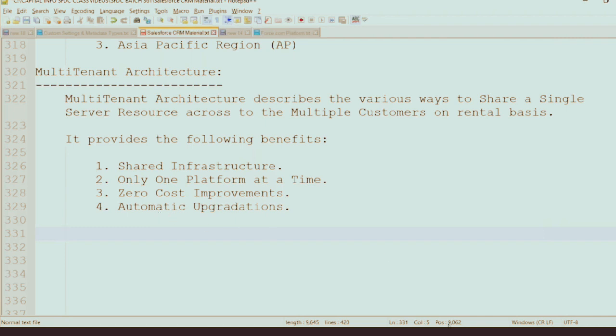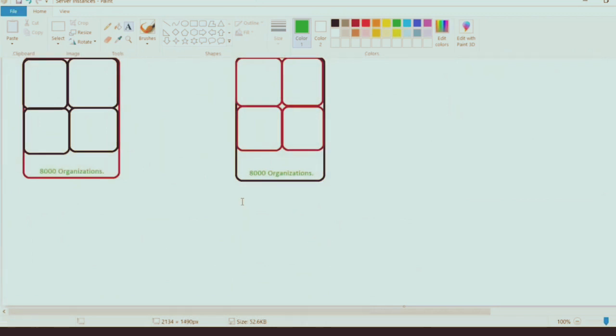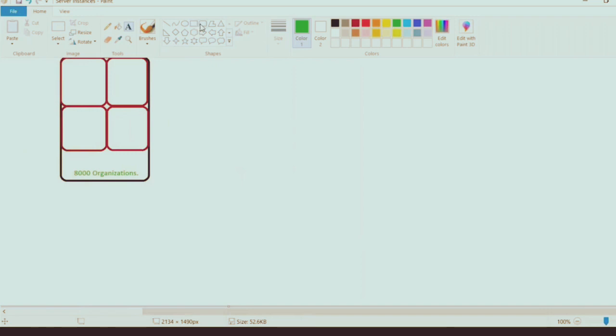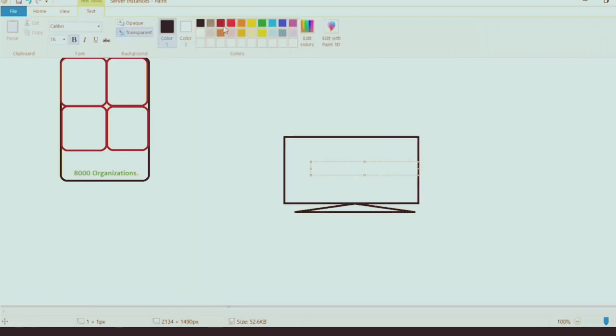Generally, whenever you are using any other software, for example, assume that I'm having my personal PC here. Inside my system, I'm having a genuine version of Windows 10 operating system.